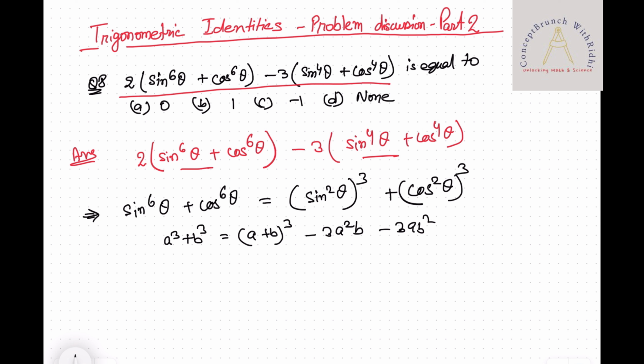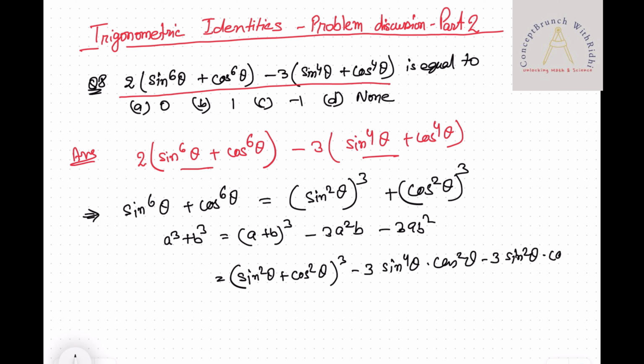So what can we do? We can write sin square theta plus cos square theta whole cube minus 3 sin to the power 4 theta, right? Because it's a square, and cos square theta minus 3 sine square theta times cos to the power 4 theta, correct?